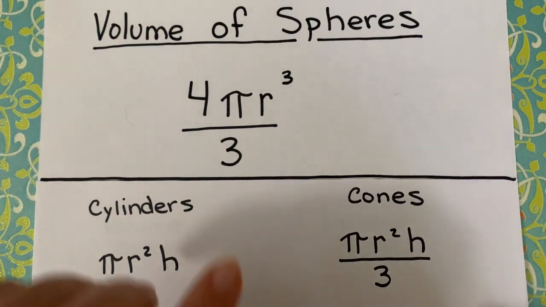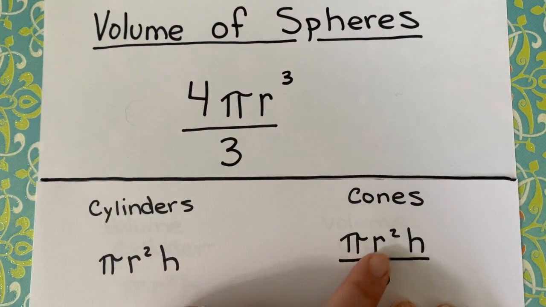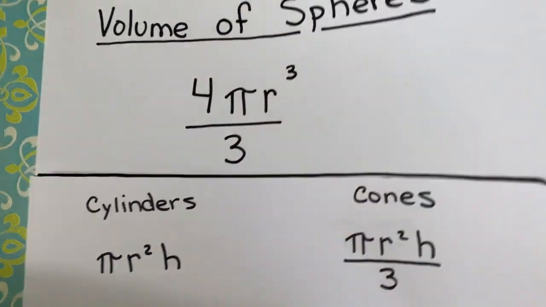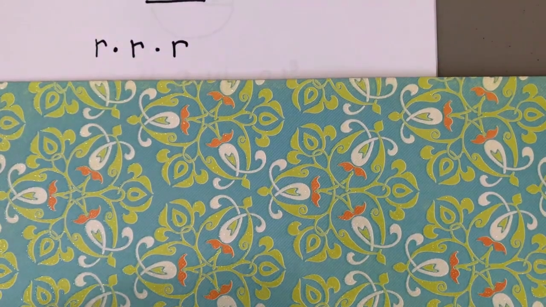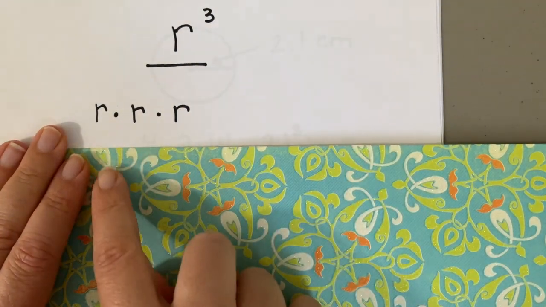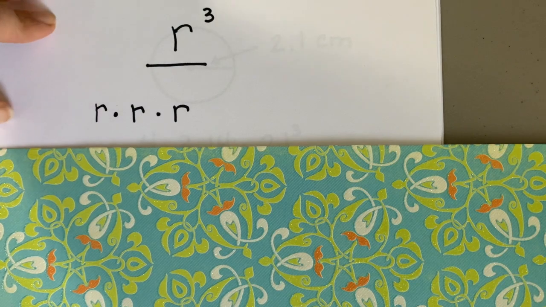And let's look really quickly at r cubed because it's different than r squared. So I wanted to just really quickly review how we find the cube. Remember that cubing something is r times r times r. You multiply it by itself 3 times.